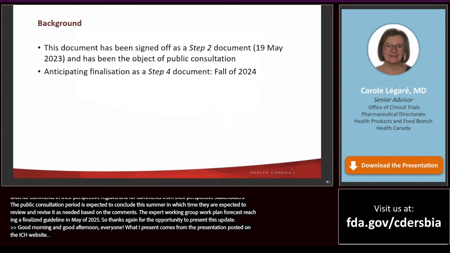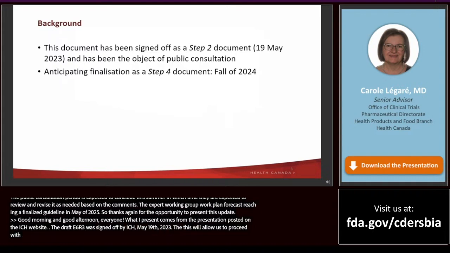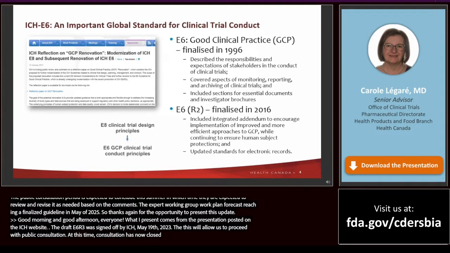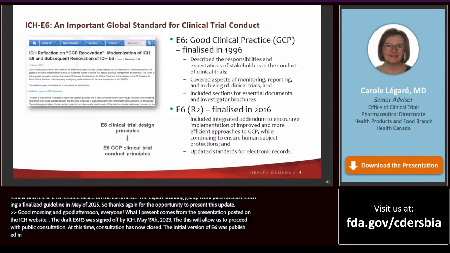The draft E6R3 was signed off by ICH on May 19, 2023, thus allowing us to proceed with public consultation. At this time, consultation has now closed. The initial version of E6 was published in 1996 and was updated in 2016.